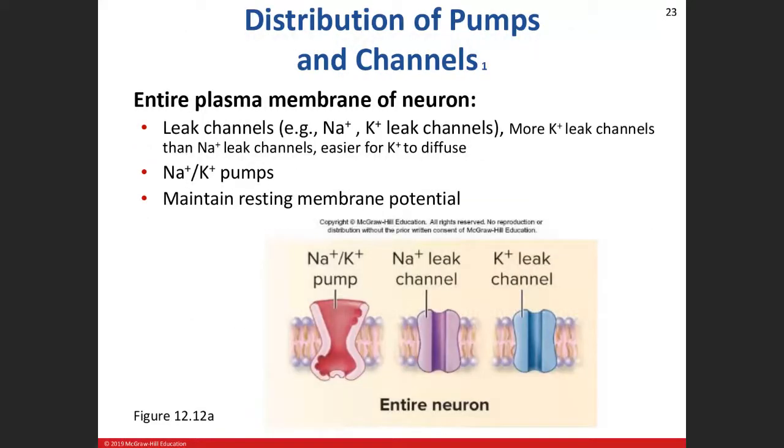Now you've heard me talk about the different types of channels. We have leak channels, and that applies to both sodium and potassium ions. Those channels are always open. We'll have chemically gated channels, voltage gated channels, and our pumps. Now we're going to learn where on the neuron we're going to find these different transport protein mechanisms.